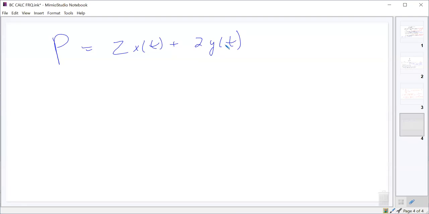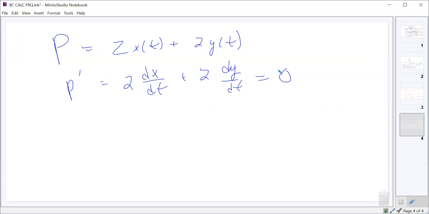Agree. Oh, good. And so then all we need to do to figure out when that's at a maximum is take a derivative of it, which ought to be 2 dx/dt plus 2 dy/dt, and set that equal to 0 to determine when it's at a max.